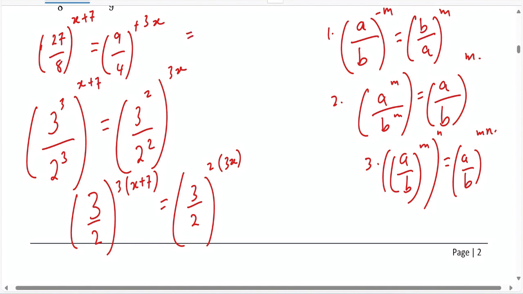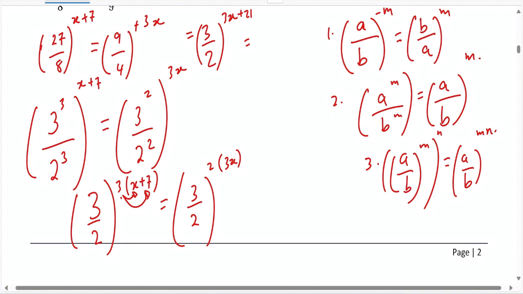Basically I'll take 3 times x plus 7. So hapa utaandika 3 over 2 power 3 times x ni 3x na 3 times 7 ni 21. Na usifanye kosa hili, wanafunzi wengi wanafanya kosa hili, watachukua 3 ku-multiply kwa 7 na waache hiyo 7. Sawa? So 3 times x and 3 times 7.